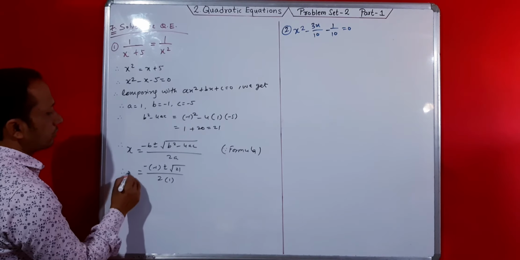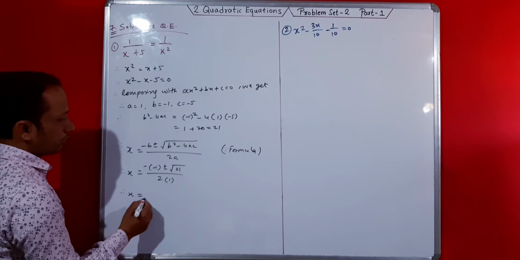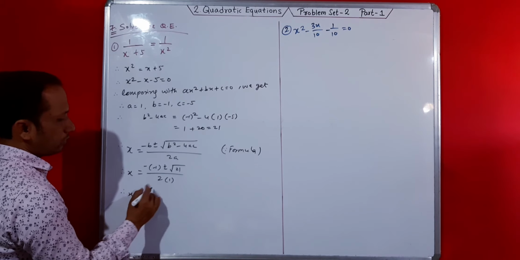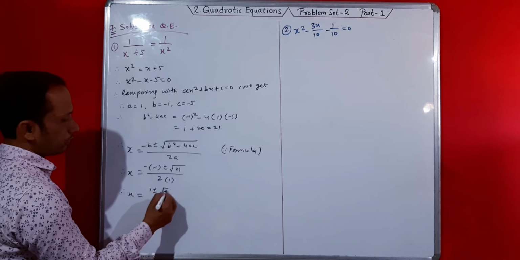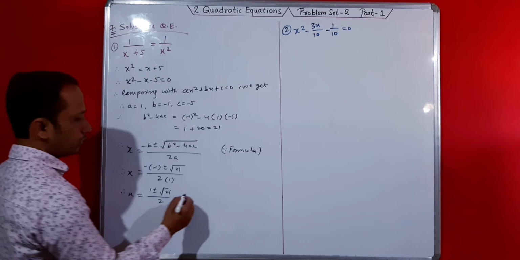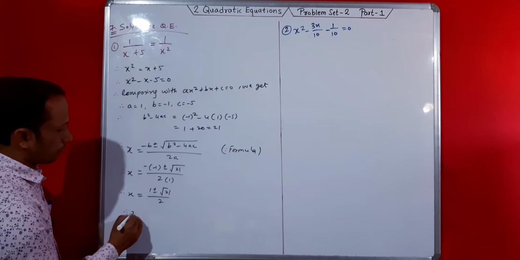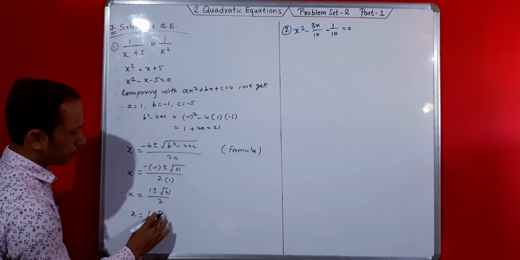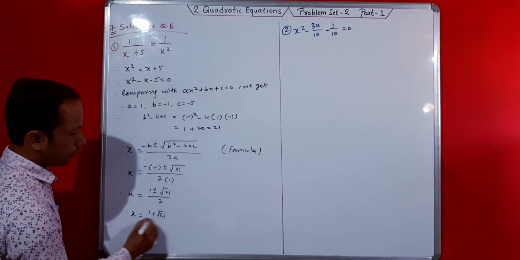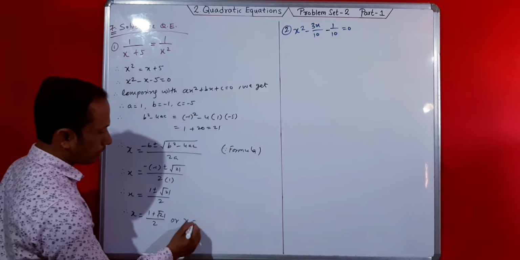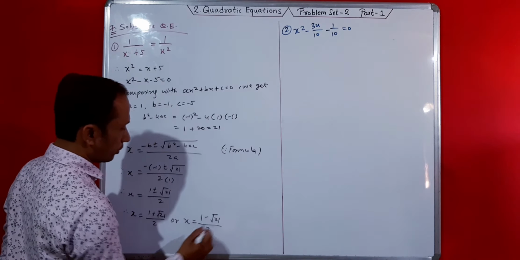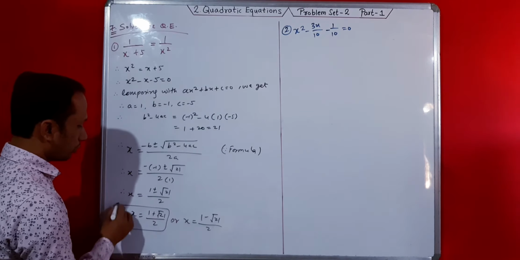Therefore x is equal to 1 plus minus root 21 upon 2. Therefore I'm writing x is equal to 1 plus root 21 upon 2, or x is equal to 1 minus root 21 upon 2. So these are the roots of the given quadratic equation.